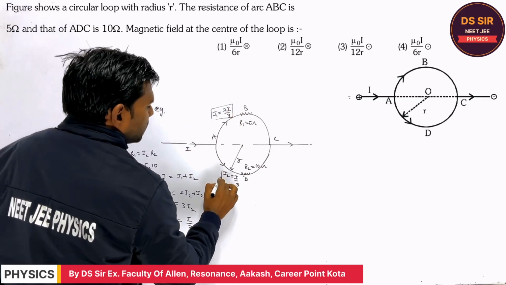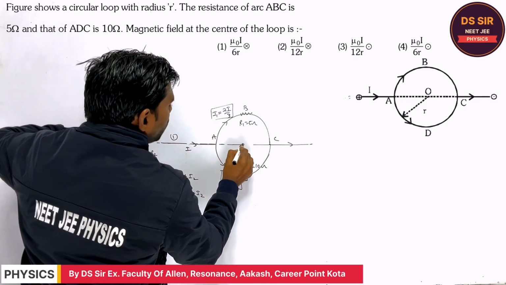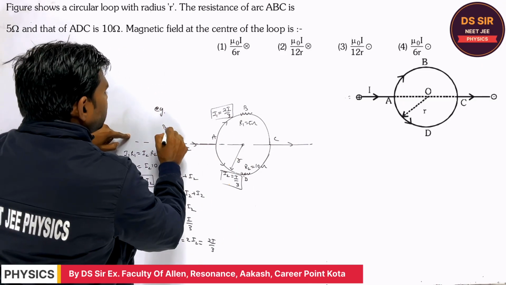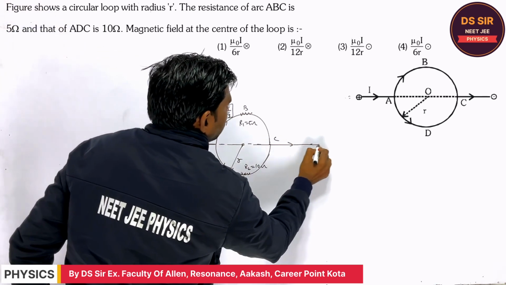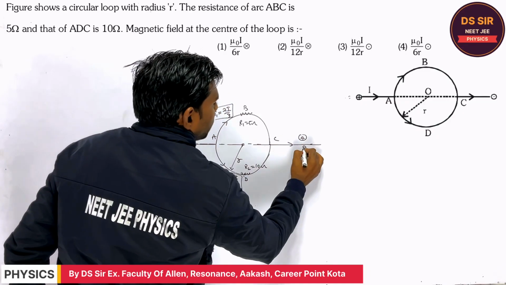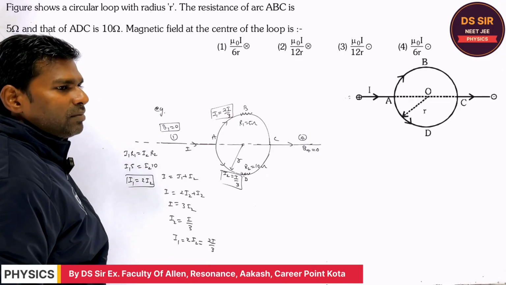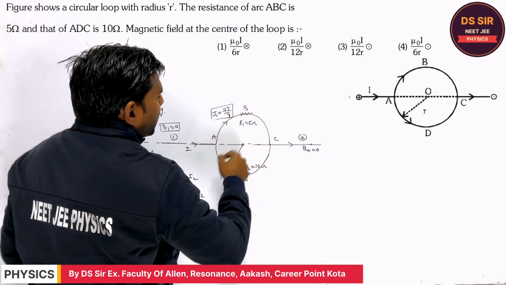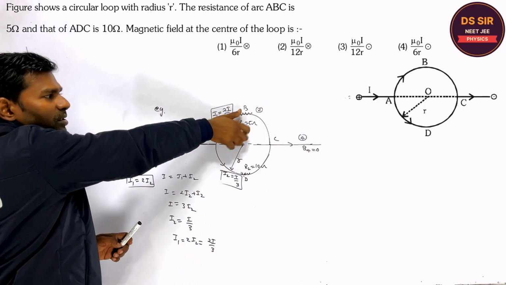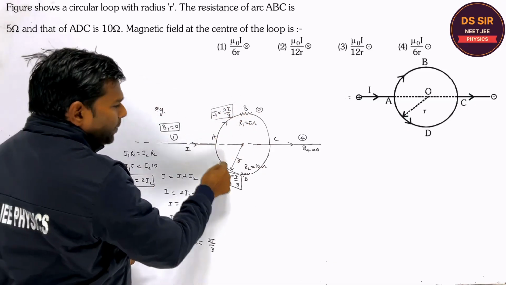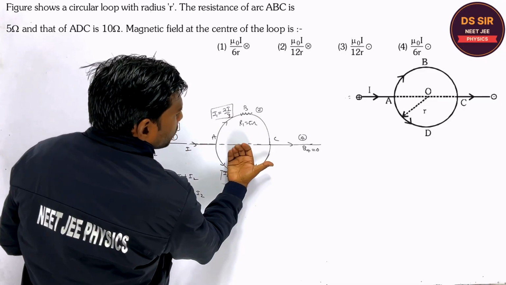Listen, this is the first part of the wire. The point lies on the wire, so the magnetic field due to this portion is 0. And because of the fourth part, the magnetic field is 0. Because of the second part, the direction of magnetic field is into the board. And because of this part, the current gives a field out of the board.